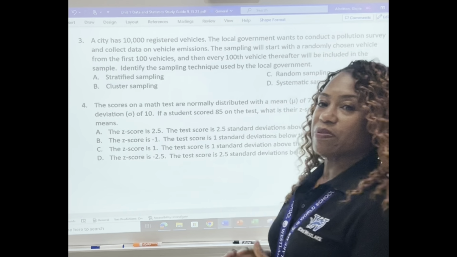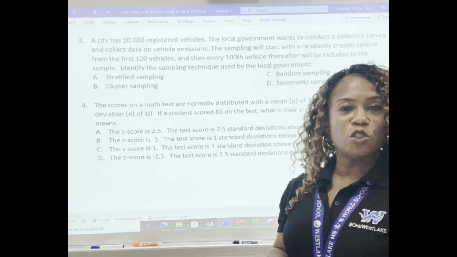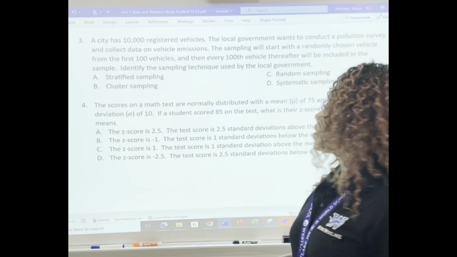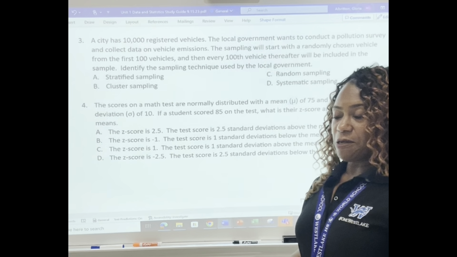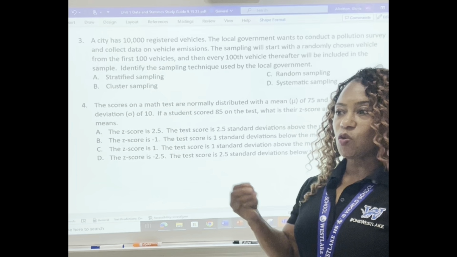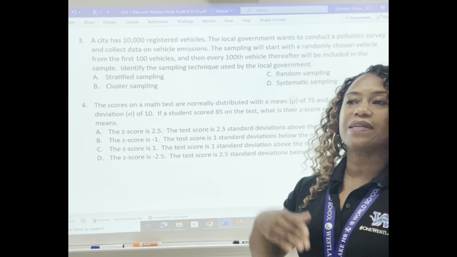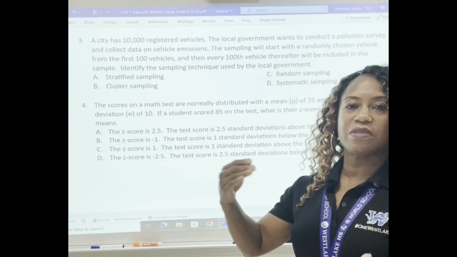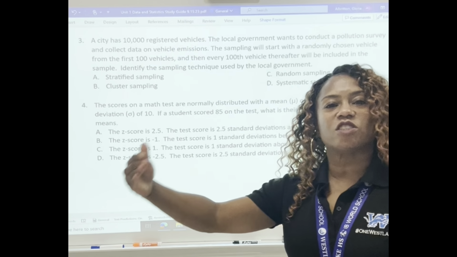The random sampling is when there's actually no method that we're using, we're just randomly choosing different subjects. And systematic is when you start with some person or item, some entity, and then you systematically choose maybe every third, every fifth, so the third one, the sixth one, the ninth one, the 12th one.